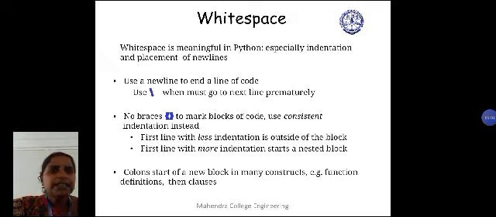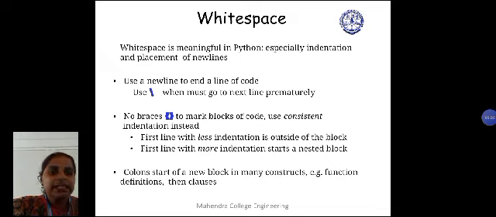Here curly braces or brackets are not used. There is no use of braces for blocks of code; instead use consistent indentation inside. So here we can't use curly brackets; for that we use indentation.